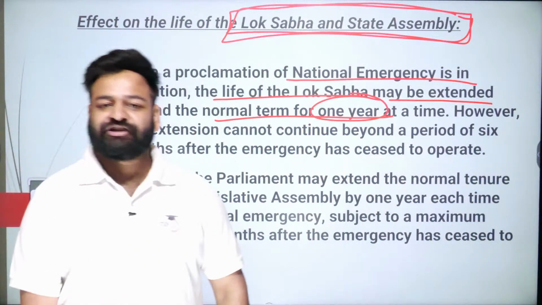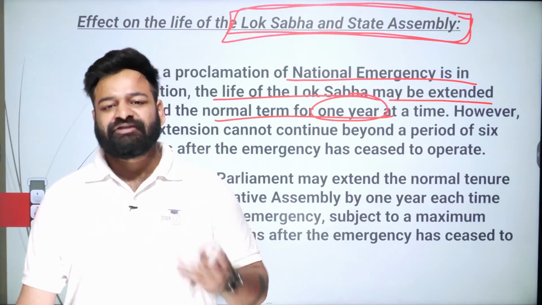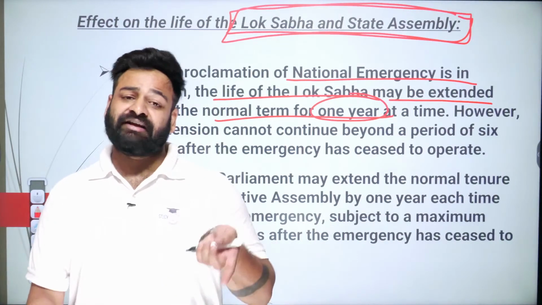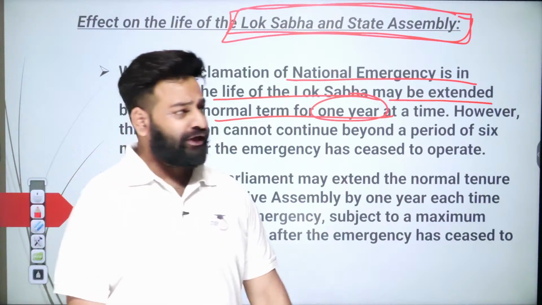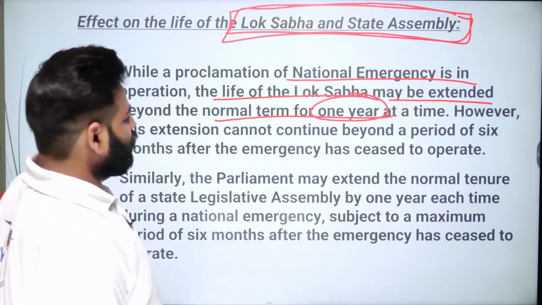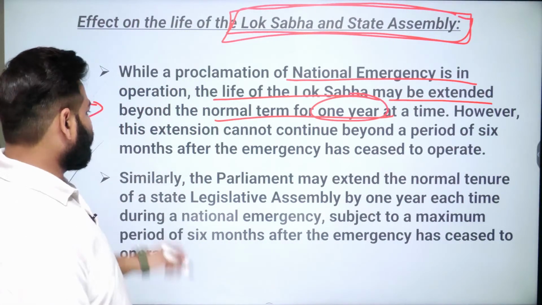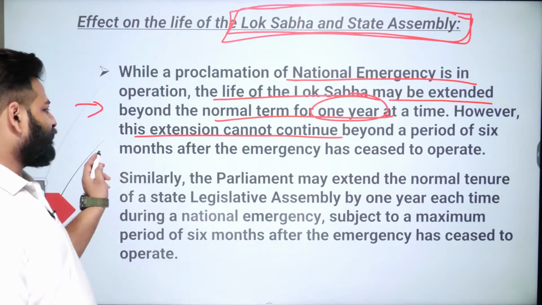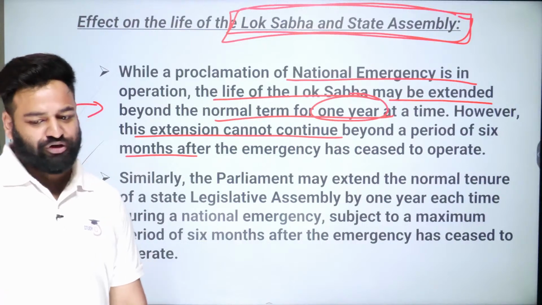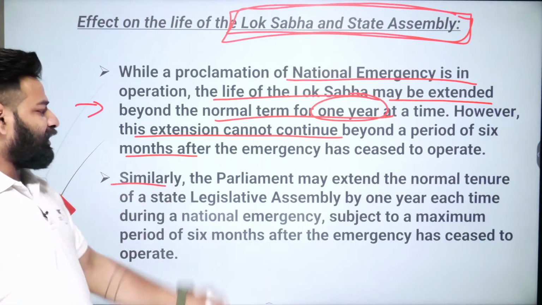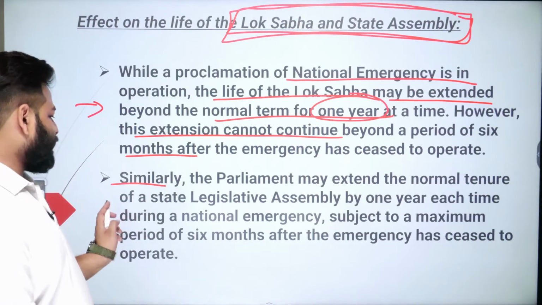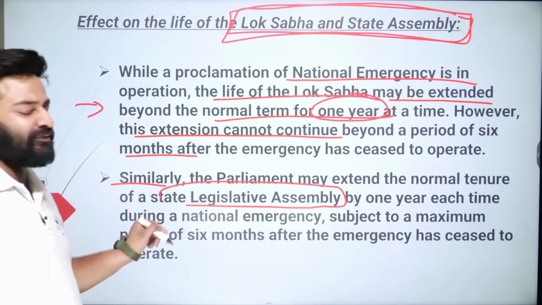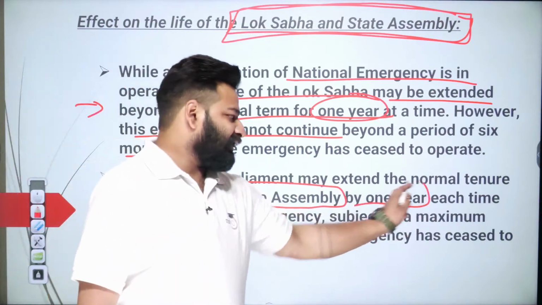Now elections must happen, but because emergency is there, 1 year of extension could be given. However, this extension cannot go beyond a period of 6 months after the emergency has ceased to operate.